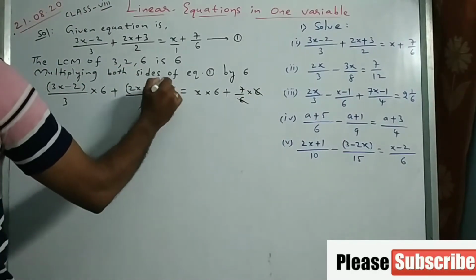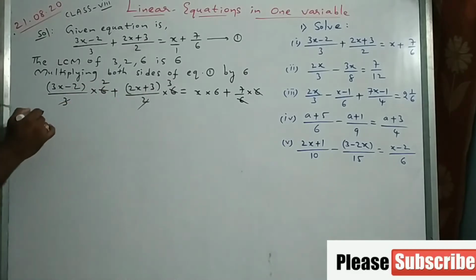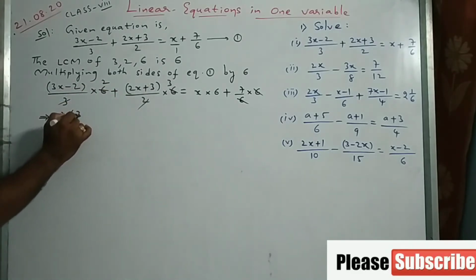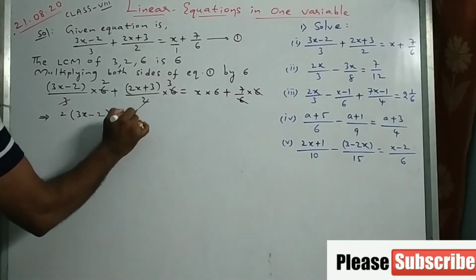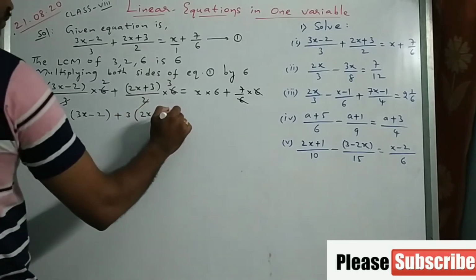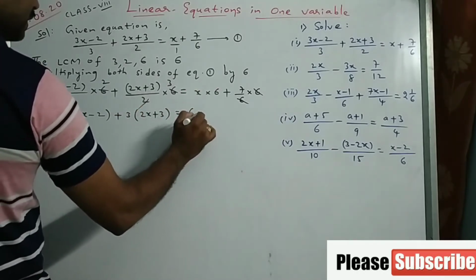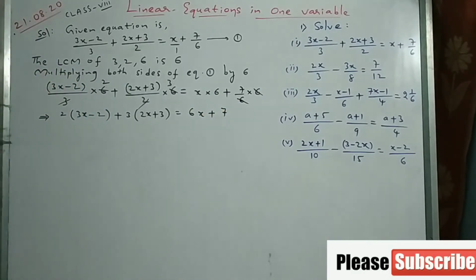2 1s are, 2 3s are, 3 1s are, 3 2s are. So what is remaining now? 2 into 3x minus 2 plus 3 into 2x plus 3 equal to 6 into x, 6x plus 7. Got it?